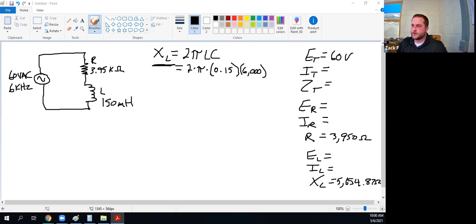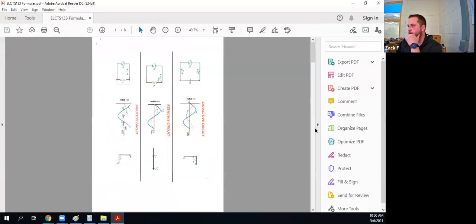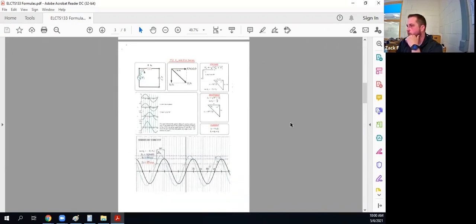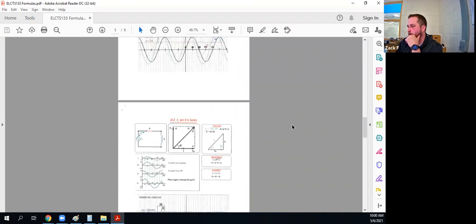What page on your formula sheet should we look at for this? Yep, and there's two of those, so we want X sub L and R in series.